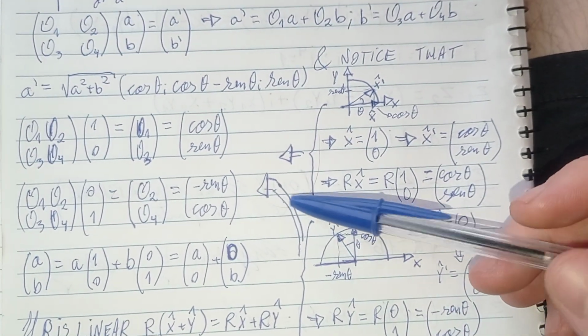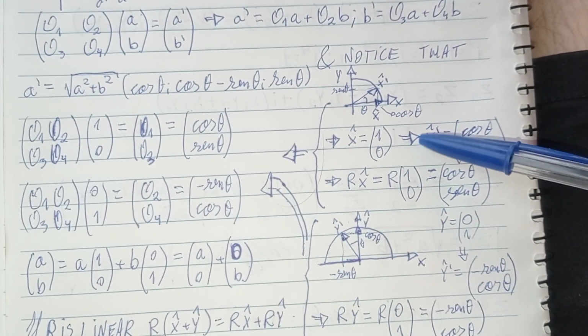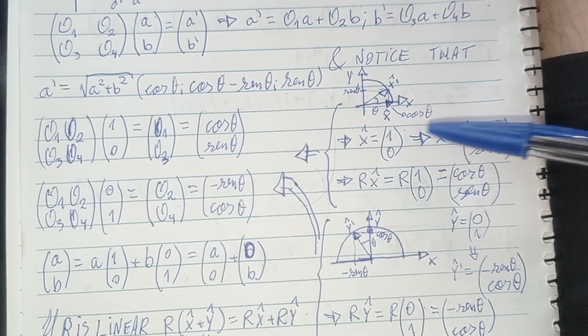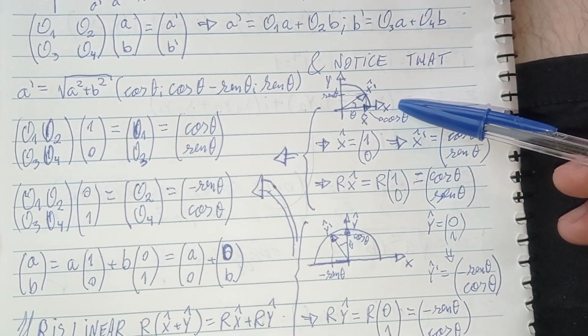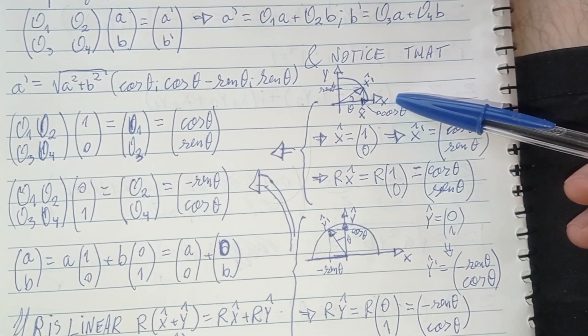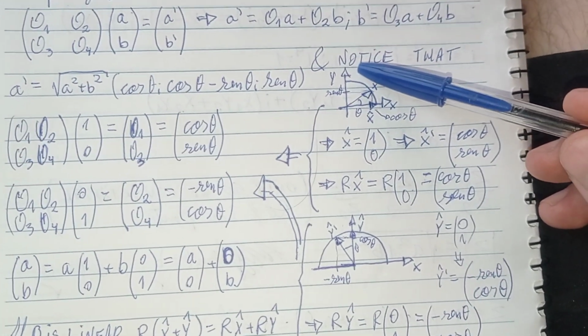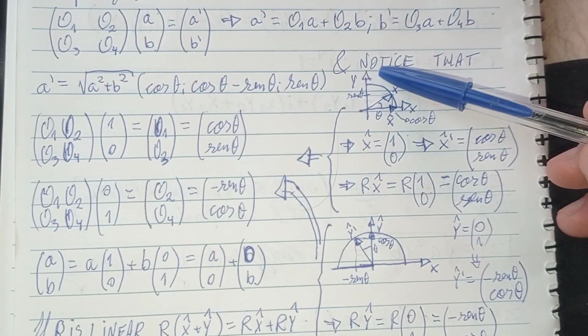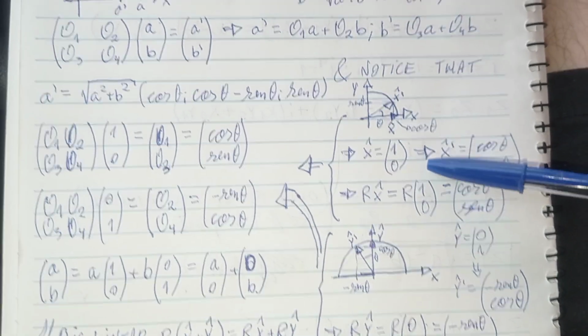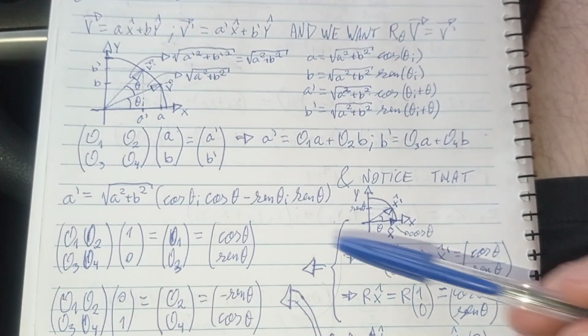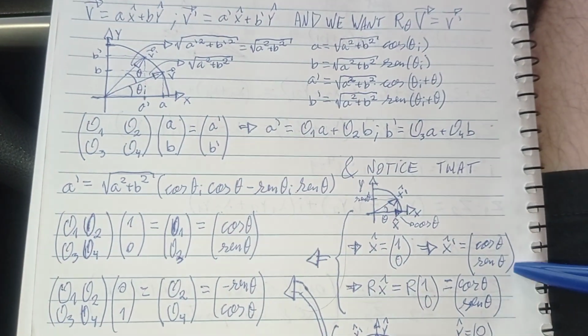One of the things is consider the versors that are involved, as in the vectors at the direction x with modulus 1 and at the direction y with modulus 1. So how would a transformation like this transform each vector?